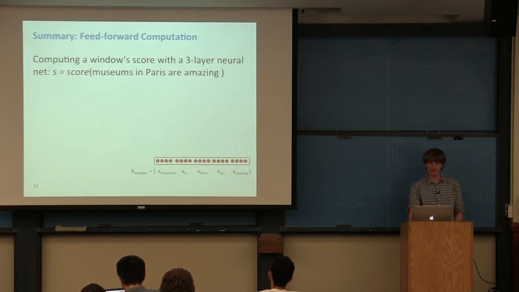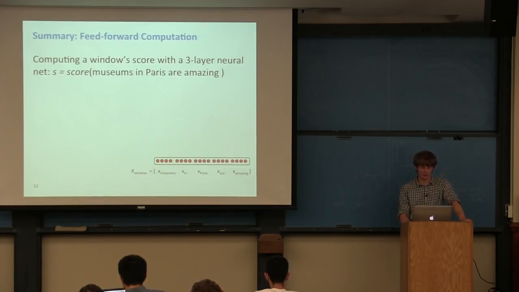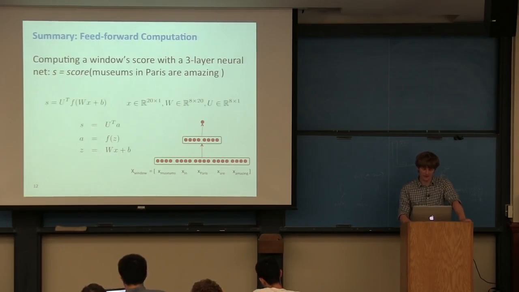Okay, so this is our 3-layer, or one hidden layer, neural network. And we'll define this again over a window. Here, this is a toy example, of course; word vectors will be higher dimensional, as you know from your problem set 1. But in our toy example, each word vector has 4 dimensions.